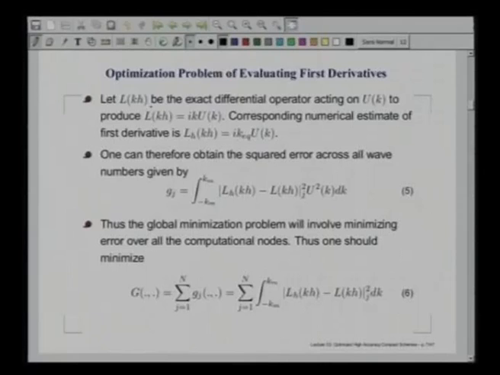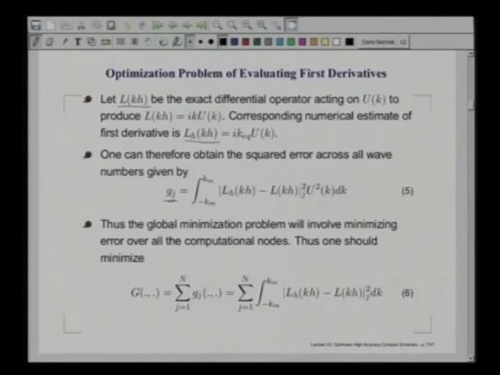And if we talk about L of k h as the exact differential operator, and if we look at the corresponding discrete operator as L subscript h, then we can define an objective function which I call G of j, which will be nothing but the departure of these two operators, squared, operating on the function u of k and integrated over all possible range of k.